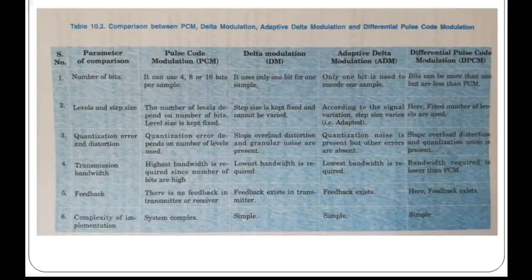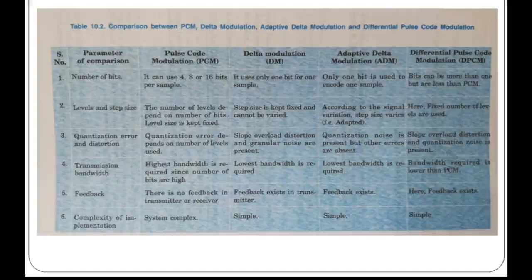Del is the height of the step, so it will depend upon the number of levels used in PCM. In delta modulation, we are having two errors or two distortions, that is slope overload distortion and granular noise. In adaptive delta modulation, once again we are having a quantization noise, but no other errors are there. In differential pulse code modulation also we are having a slope overload distortion and quantization noise.